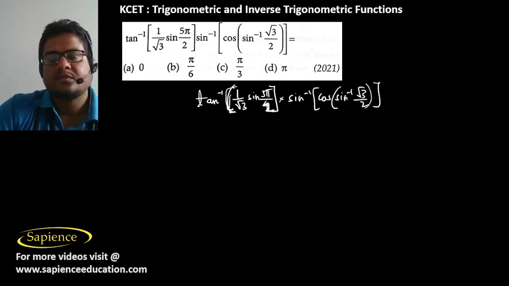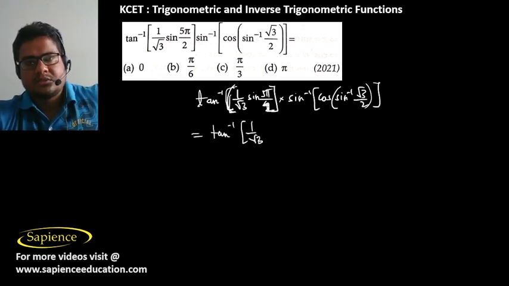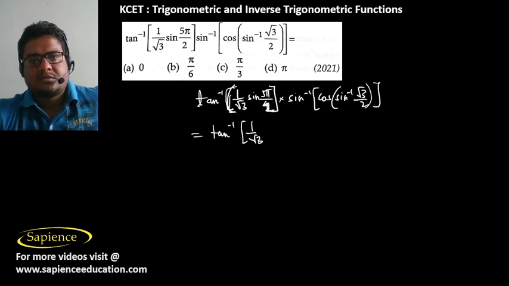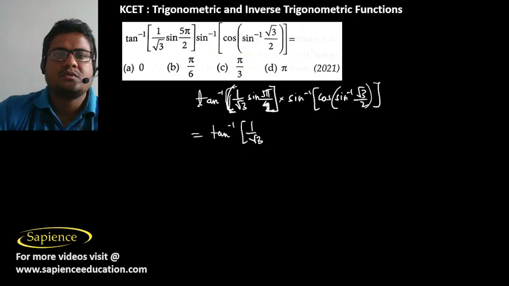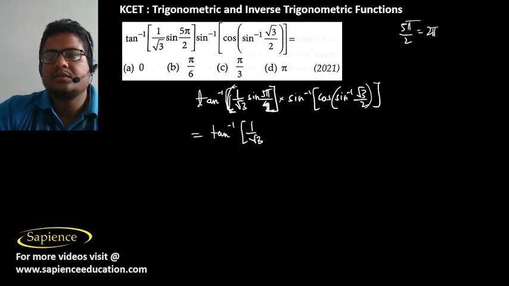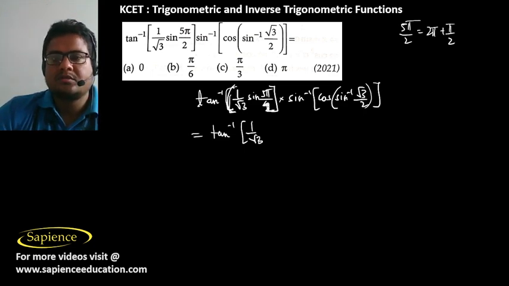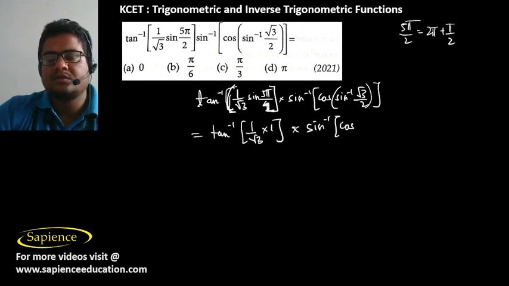So this will be tan inverse of 1 by root 3 into sine 5 pi by 2. So 5 pi by 2, I can say this is 2 pi plus pi by 2. So this is sine pi by 2 only, which is 1, into sine inverse of cos of sine inverse root 3 by 2, which is pi by 3.